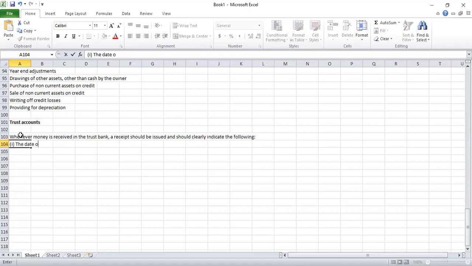The date of receipt, from whom the money is received, the amount in words and in figures, the purpose for which money is received, for example, divorce case, the accounts affected, then the name of the issuer of the receipt.